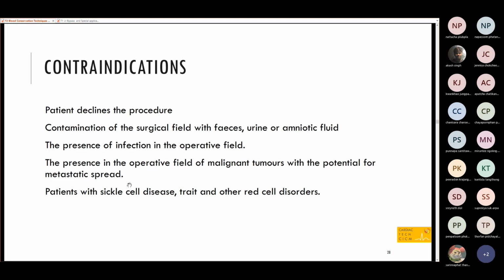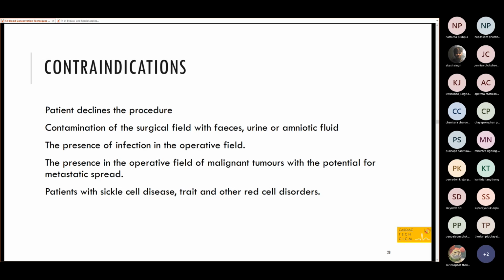Another important condition we need to consider is cancer patients with some malignant tumors. If the surgeon accidentally suctions tumor cells into the cell saver system, it cannot wash out the tumor cells.